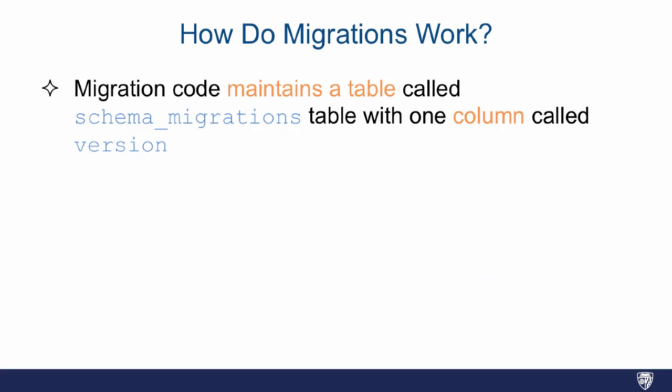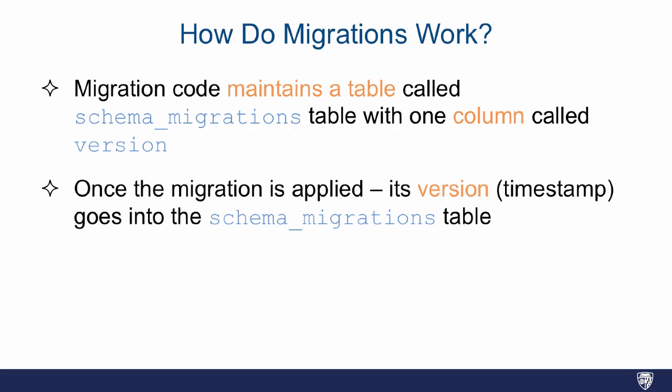And migration maintains a database table called schema migrations. If you remember way back, we saw that the database currently has two tables. One is called cars, and one is called schema migrations. And the schema migrations table actually just has one column called version. And that version column maintains the version of the last migration that was applied to your code.